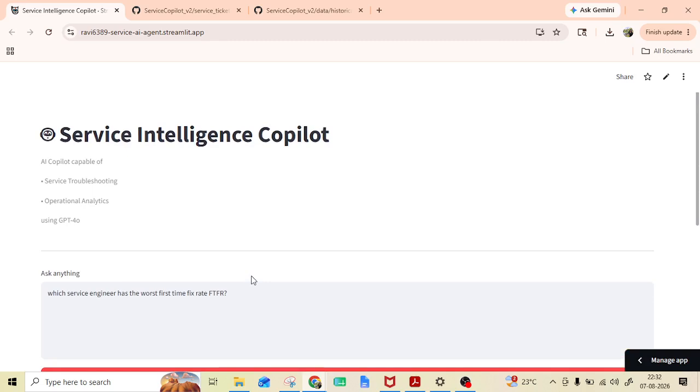Now, you may be wondering, this is something which Copilot per se could do. So what is the added benefit of developing something custom from scratch? The beauty of this is that it can be customized to the nth level, and second, you can develop an entire ecosystem around it.